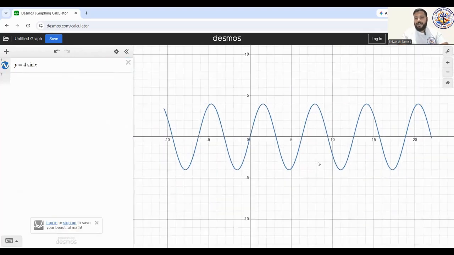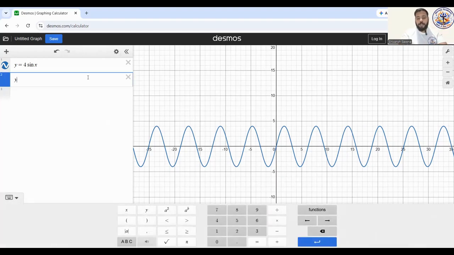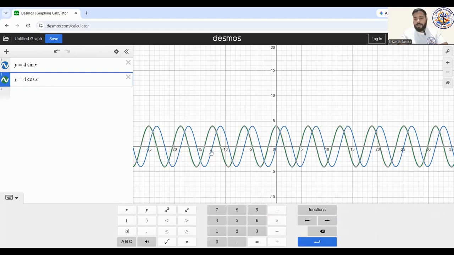I could see how beautifully the sine wave is represented through DESMOS. You can type in any equation, and not just one at a time. You click on the next line, and if I say y equals 4 cos x, you could see a cos wave represented over here.